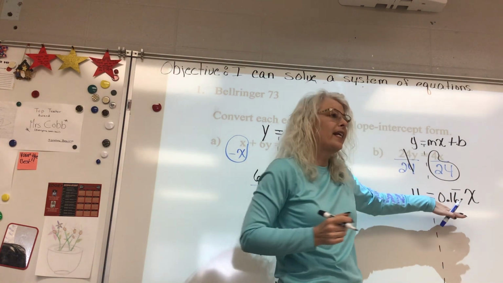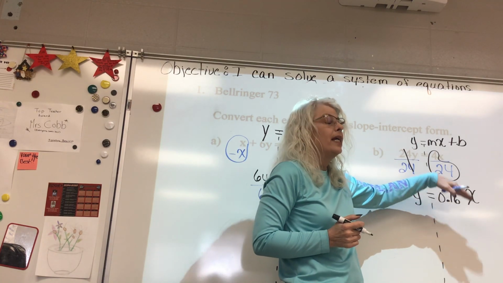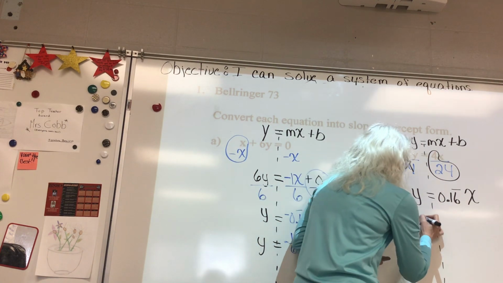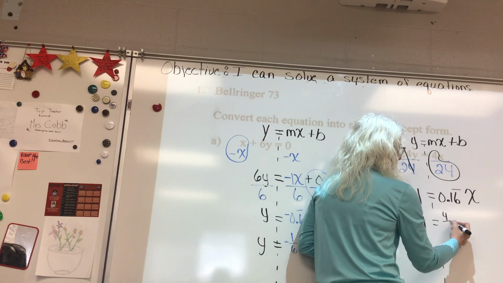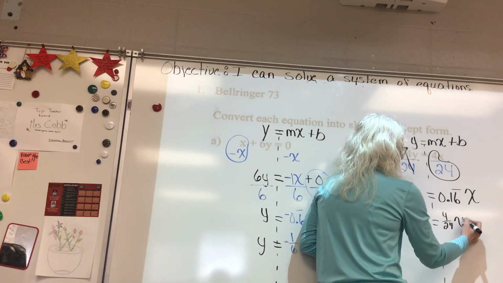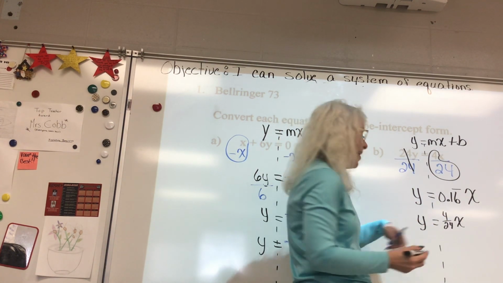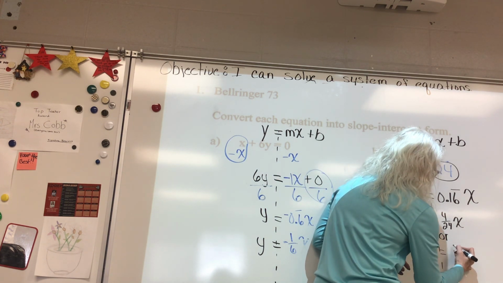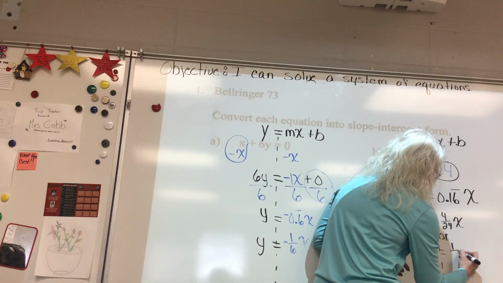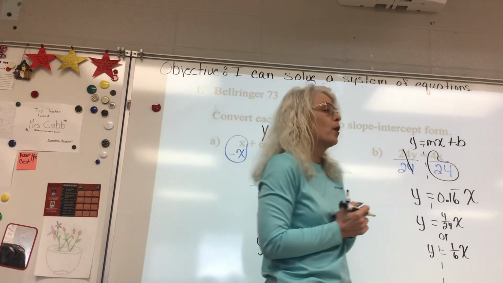So if you're solving it algebraically, change it to a decimal. If you're solving a system or having to graph it, leave it as that fraction. You might want to simplify this fraction though, and change it to y equals 1/6x. Thank you. Are we okay on that?